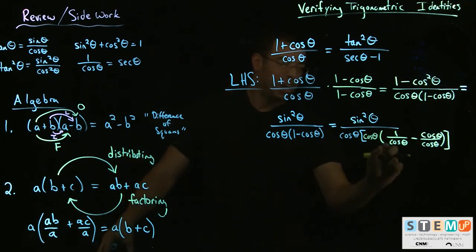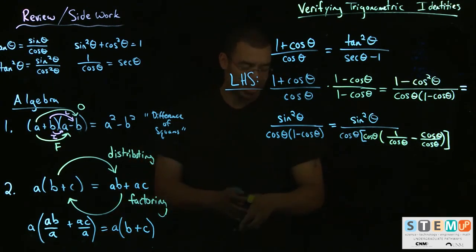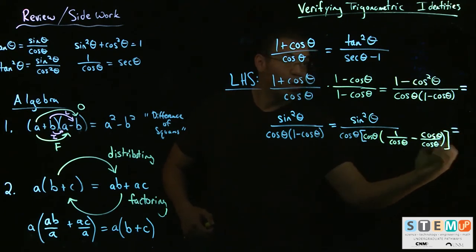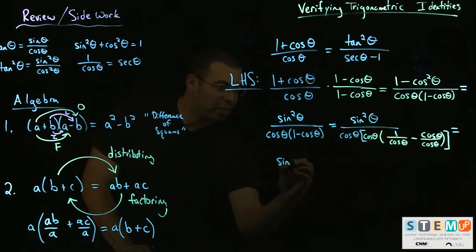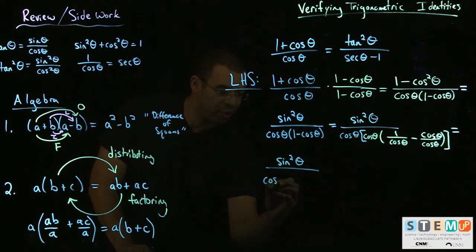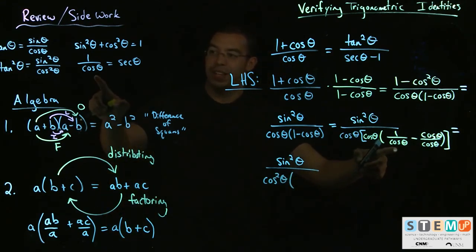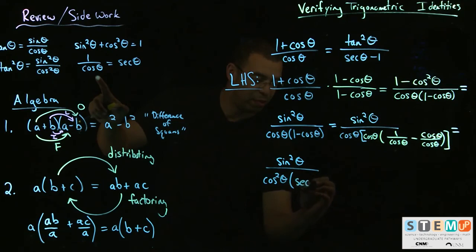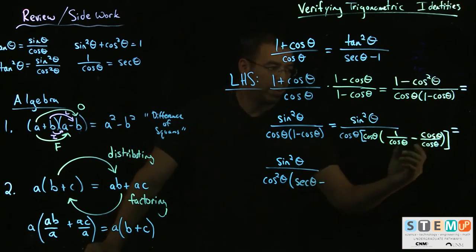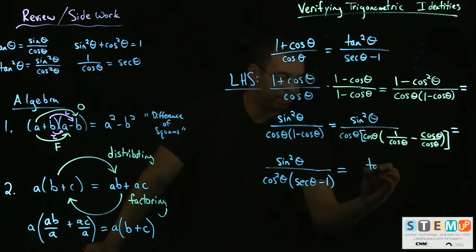And if you're not sure, go ahead and distribute this and make sure it's equivalent to this quantity here. Now let's do one more simplification. Cosine times cosine is cosine squared theta. 1 over cosine theta, I said that's secant theta, which you all remember. Something divided by itself is just 1. And now sine squared divided by cosine squared is just tangent squared.